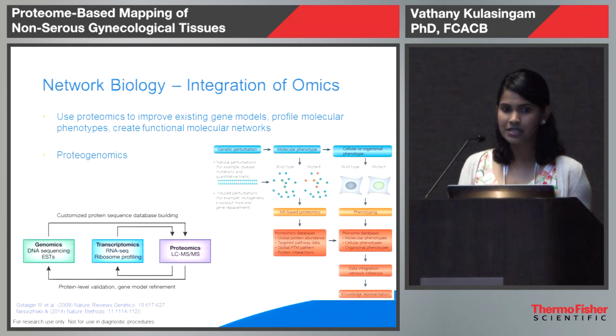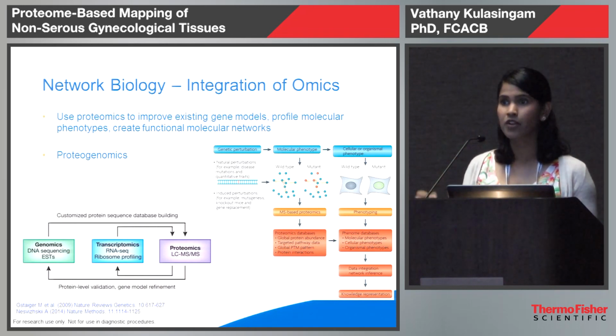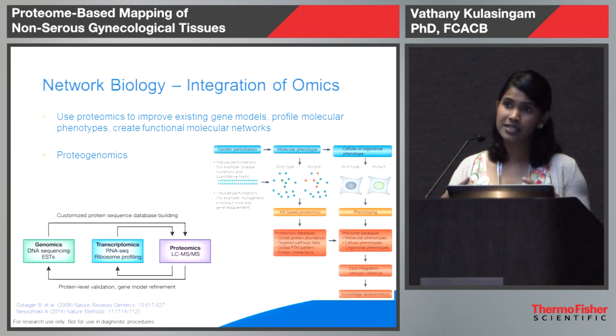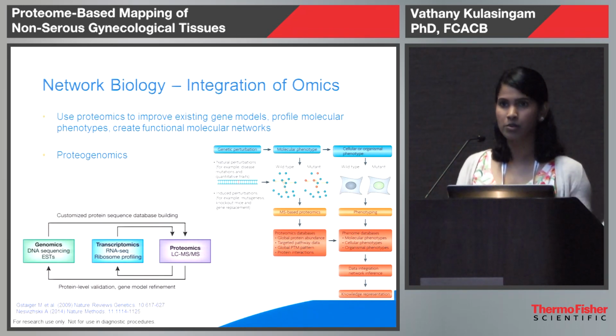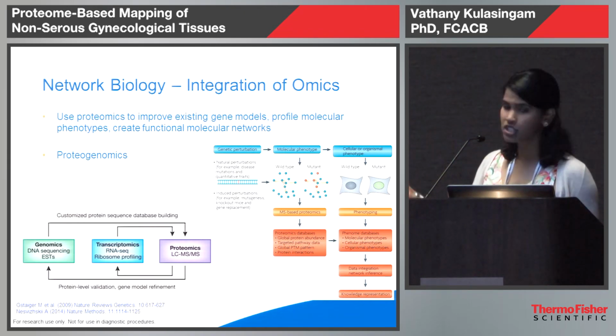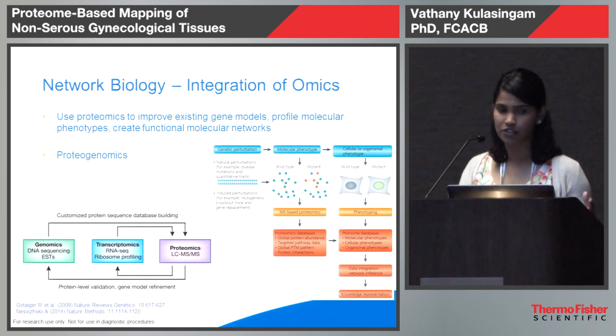What this means is that you have customized protein sequence databases generated using genomic and transcriptomic information, which can be used to help identify novel peptides that are not present in your reference protein sequence database from mass spectrometry-based proteomic data. In turn, of course, the proteomic data can be used to provide protein-level evidence of gene expression and help us refine our gene models.